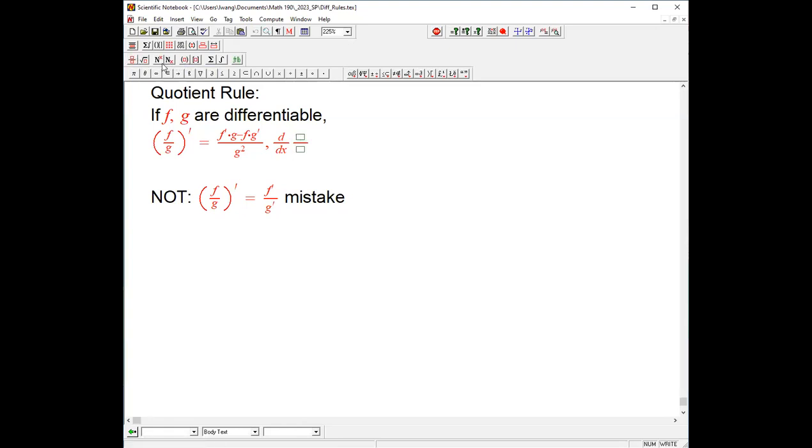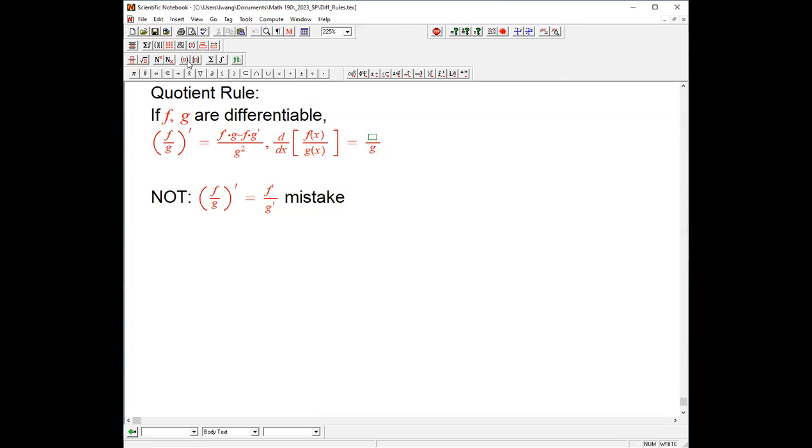For f of x divided by g of x, the more complicated version is the following. Even though it looks complicated, it's clearer. So in this latter version, f divided by g, both are differentiable.